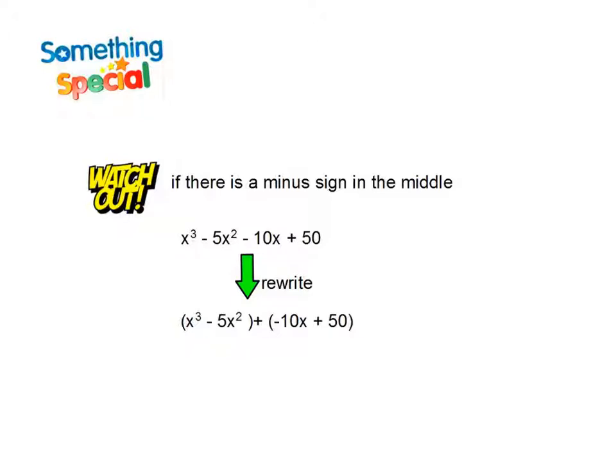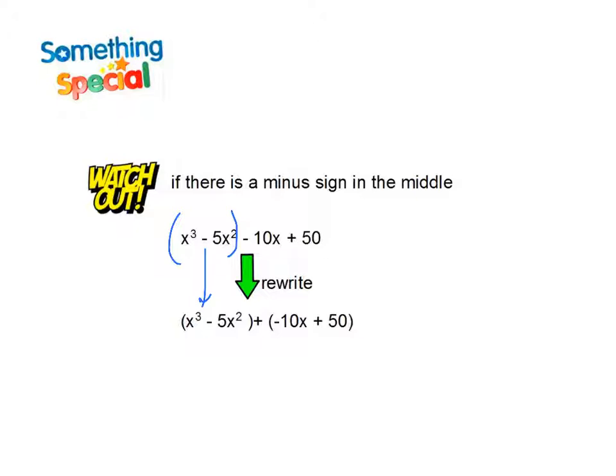Let's look at a similar problem, but one that has a sign here that is no longer a plus sign, but a minus sign. That's a big deal when that's a minus sign because it changes a little bit how we approach this problem. If you'll look and see how I've grouped this, I've grouped these first two terms together, and you can see that I've got that put right here.